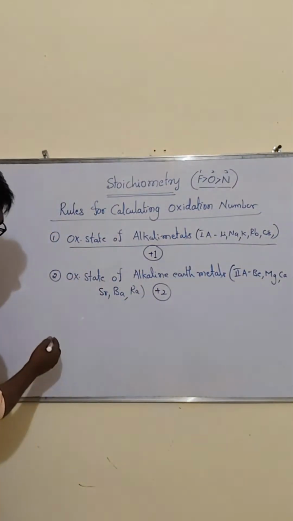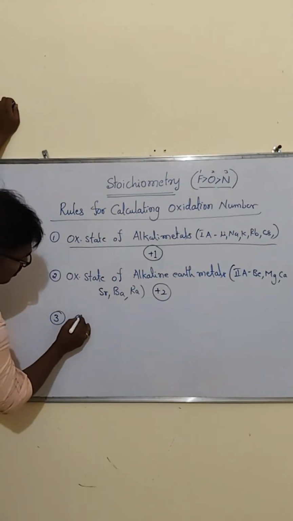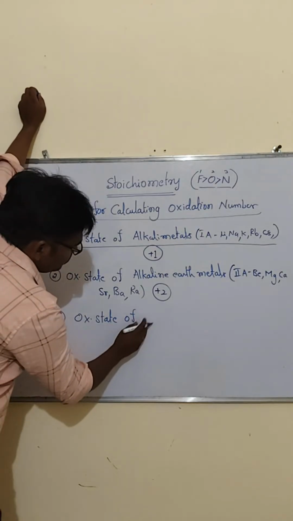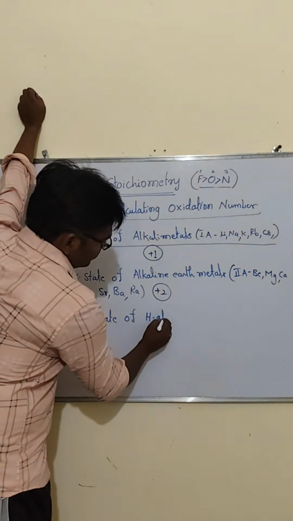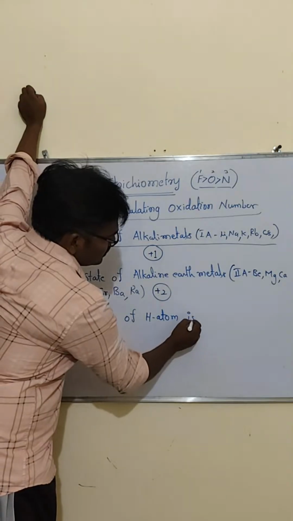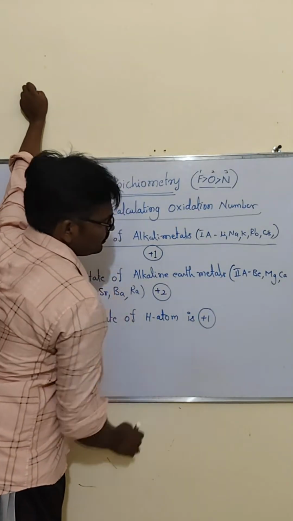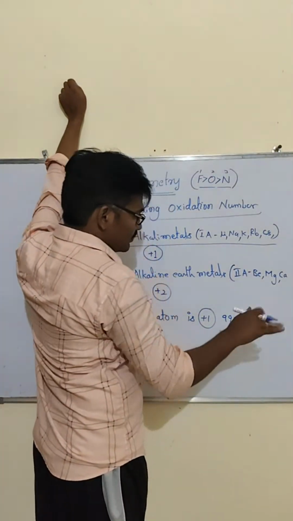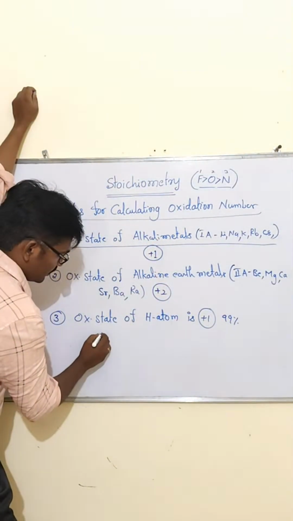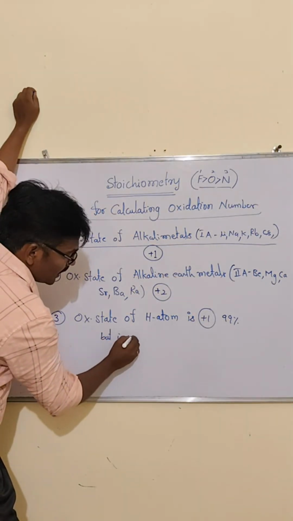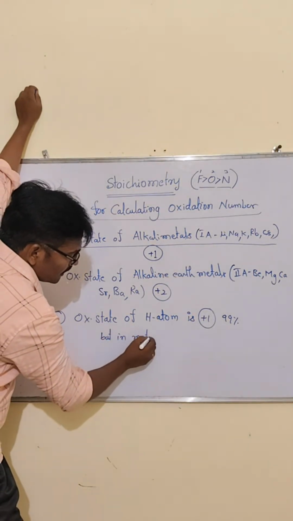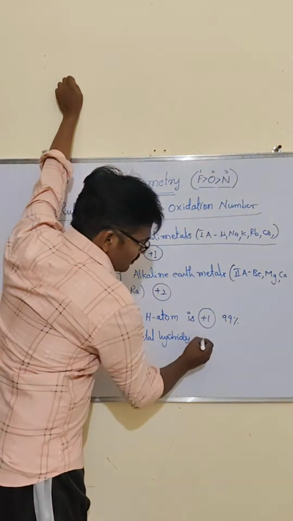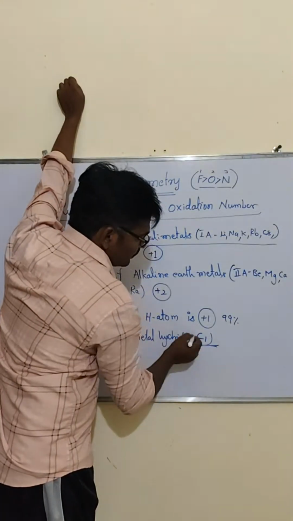So next, the third one you have to remember, the oxidation state of hydrogen atom. Hydrogen atom is +1. It is the case 99% of the time, but in metal hydrides, -1 is the oxidation state.